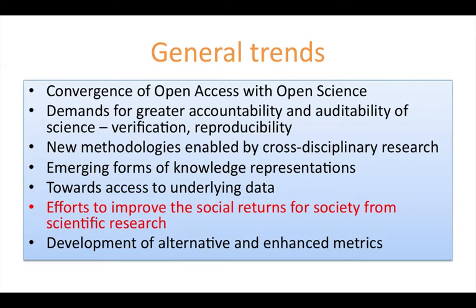Now we are seeing people calling for more kinds of knowledge representation, meaning more kinds of publishable scholarship, not just in the traditional article format, but in different multimedia representations, but also publications that link not just the final paper, but also the underlying data.